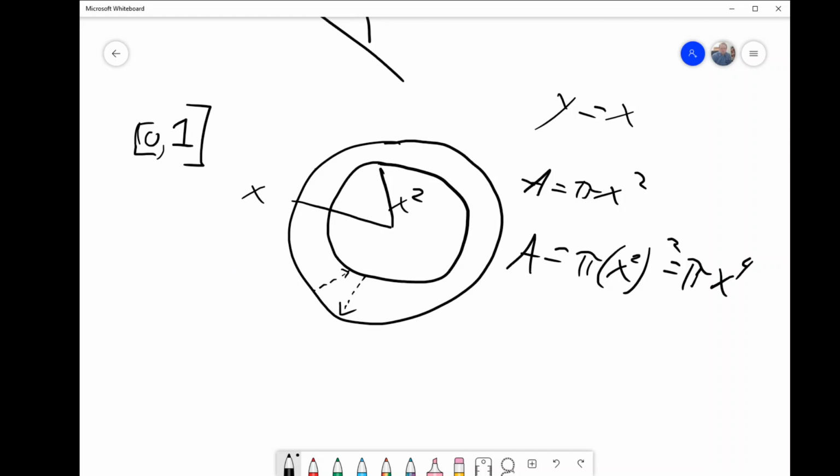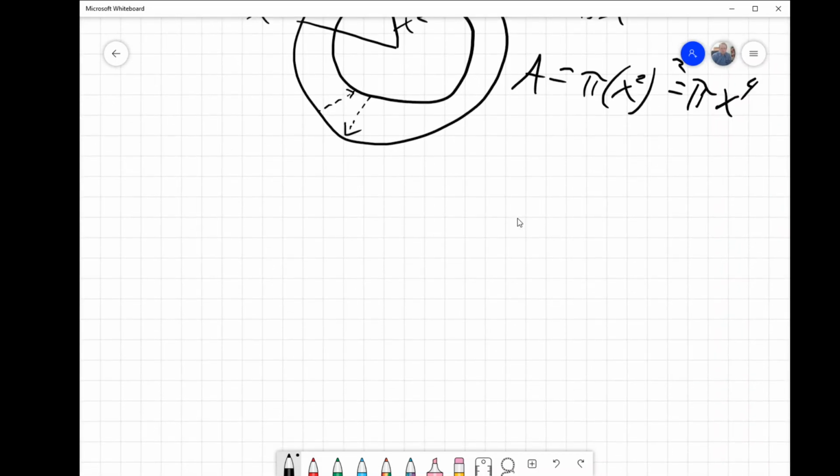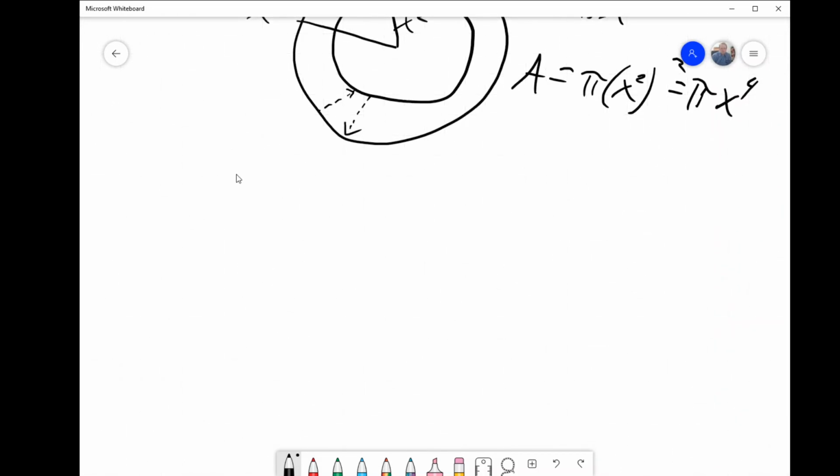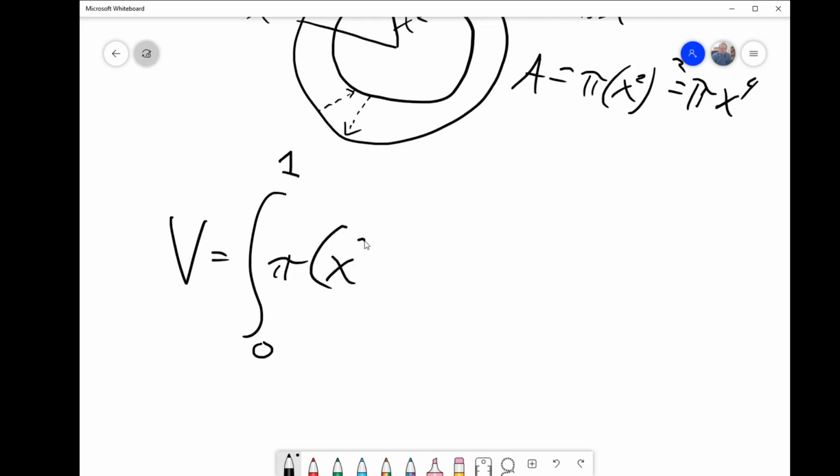So now we can figure out the expression for the cross-sectional area all the way through. Our volume is the integral from 0 to 1 of pi times x squared minus x to the fourth dx.